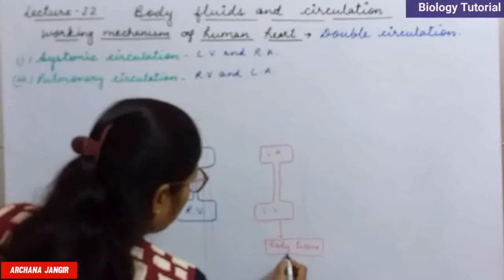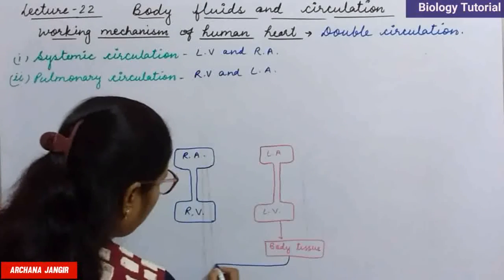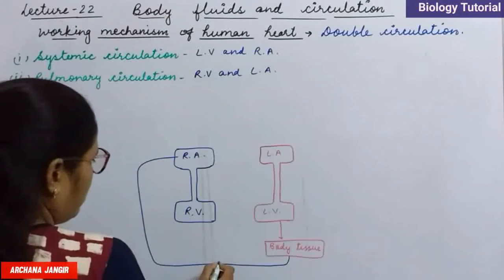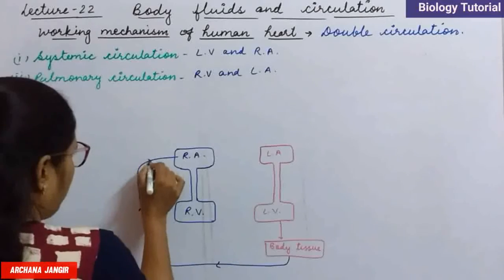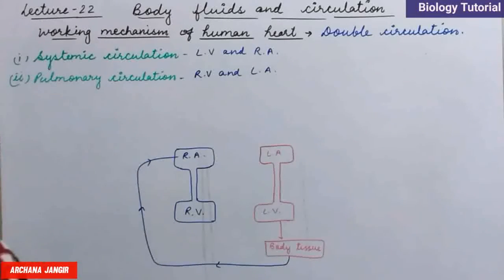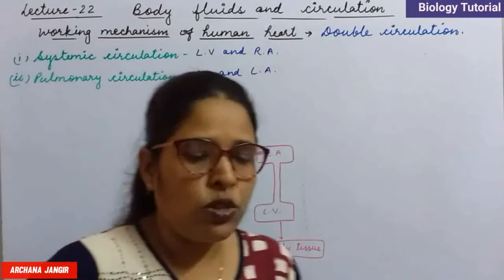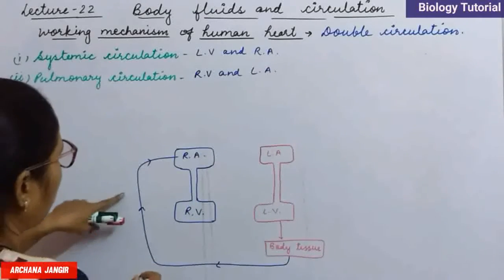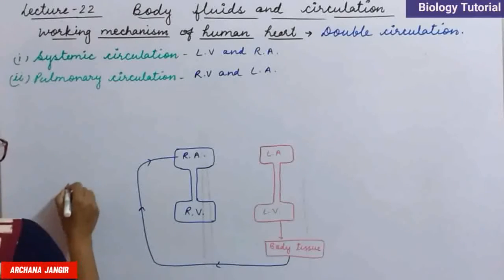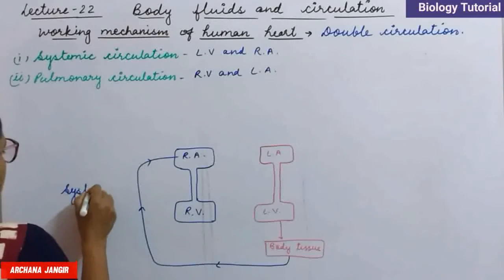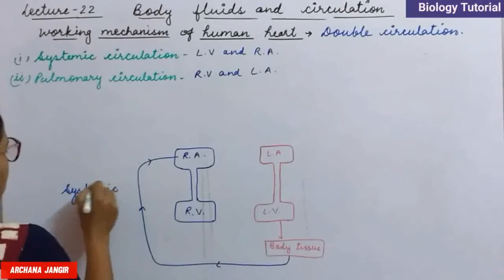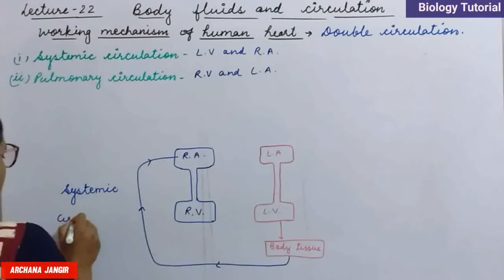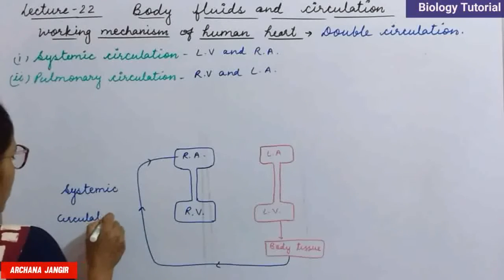The deoxygenated blood comes into the right auricle. Clear? This circulation is called systemic circulation. Here the two chambers involved are left ventricle and right auricle. This is called systemic circulation.